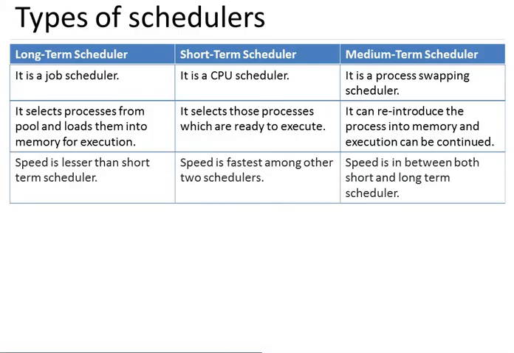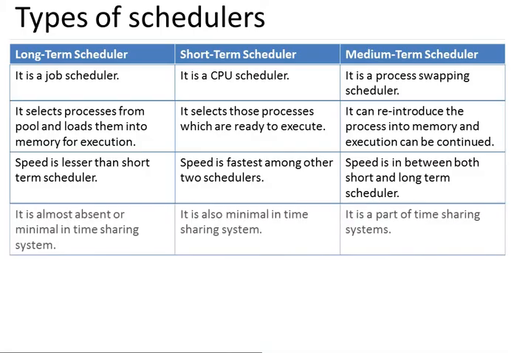After that, the long term scheduler is less frequent than the short term scheduler, so this is talking about frequency of usage. After that, the short term scheduler's speed is the fastest among the other two, and the medium, as the name suggests, is in between both.